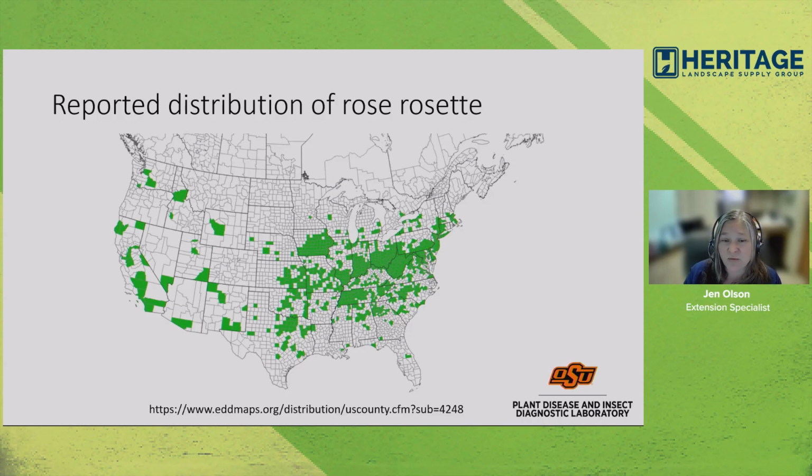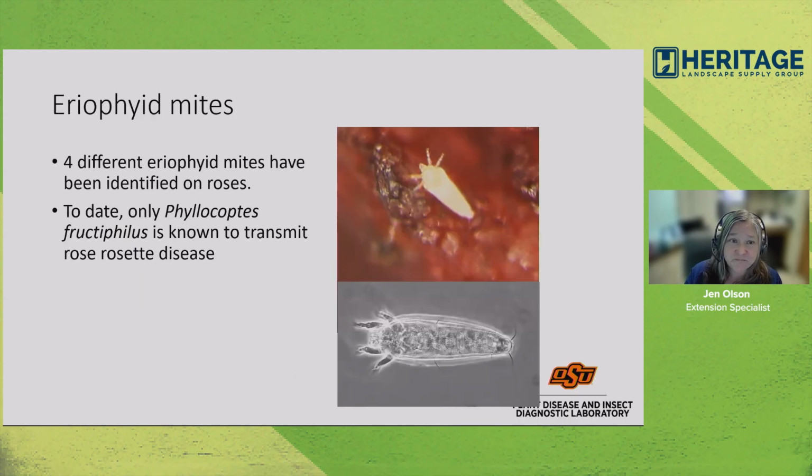Usually images are required, and then sometimes actual plant samples are requested to be sent in. So you can see it's making its way across the country. It's probably underrepresented on this map. And so if you don't see your county, you might report it the next time you see it.